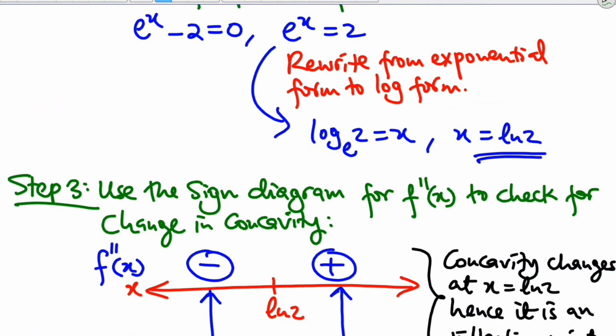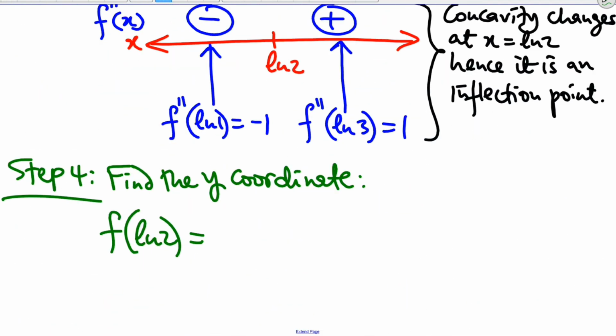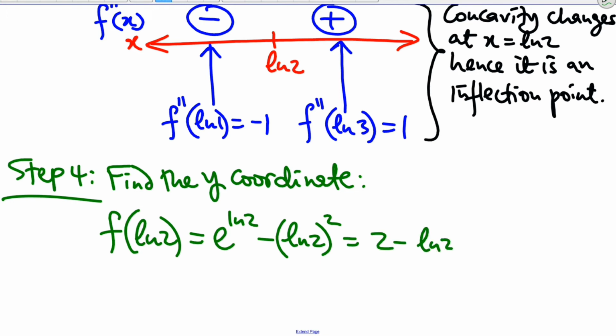Assuming this is a non-calculator paper, you'll have e to power ln2 minus ln2 squared, which is the same as 2 minus ln2 squared. Okay? And that will be the y coordinate.